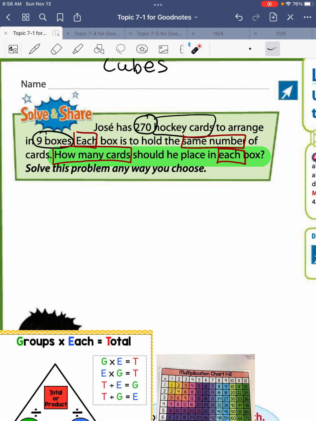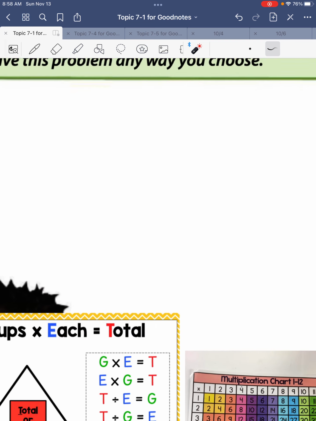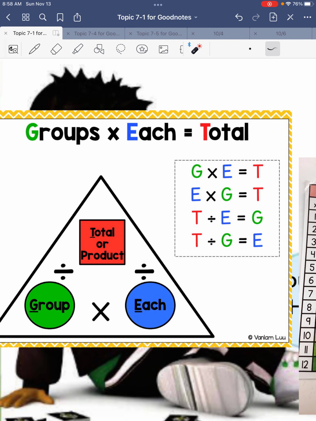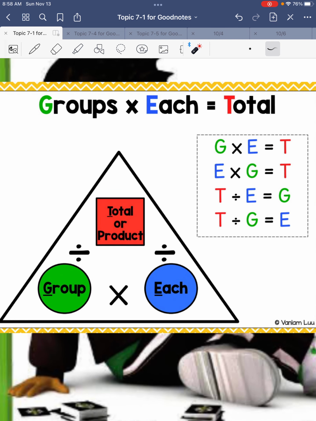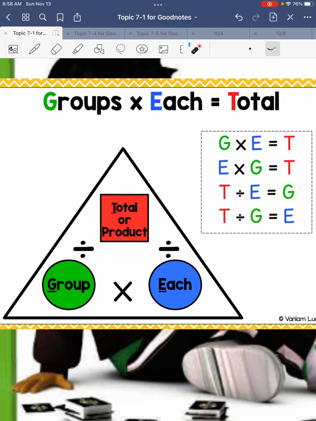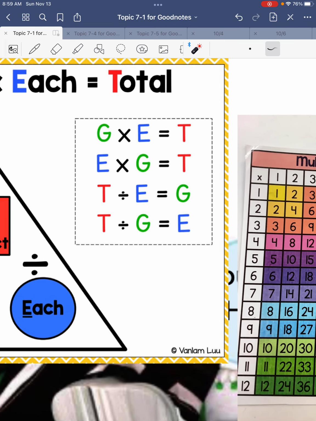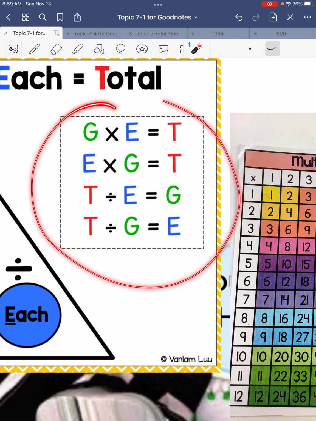So there's a technique that we're going to use to understand, okay, are we going to multiply or are we going to divide? And that technique is our get. Okay. So maybe you learned this in 3rd grade. Our get is we have our groups, we have our each, and we have the total. Okay. So we have multiple equations here.